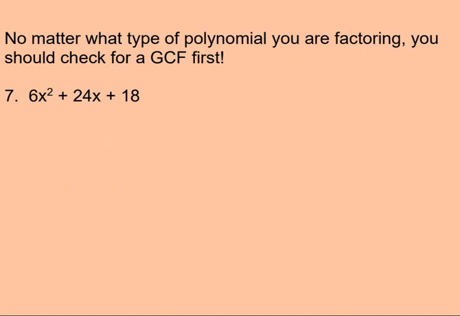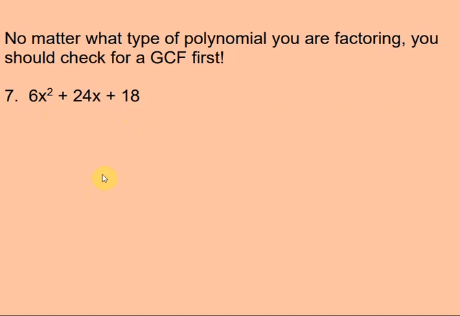No matter what type of polynomial you're factoring, you should always check for a GCF first, or a greatest common factor. If we look at this trinomial, it has a greatest common factor of 6. Every term in this trinomial can be divided by 6.